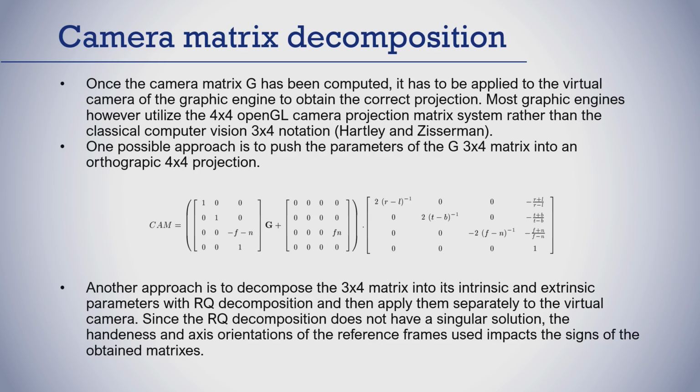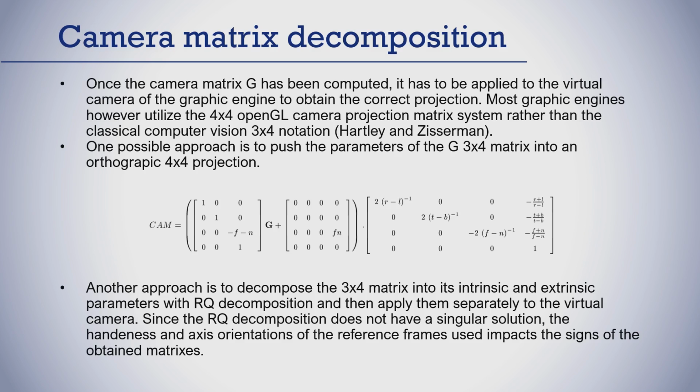Once we have this camera matrix with the projection model, we have to apply that projection to the virtual camera in the graphic engine that we are using. Usually, however, the camera in graphic engines is modeled as a 4x4 matrix, while the matrix we obtain is a 3x4 matrix, just like in normal computer vision.